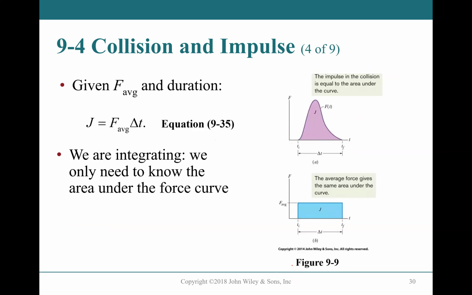Keep on going. And you can see here, the impulse in the collision is equal to the area under the curve. This is the initial contact, and this is the end of the contact between the two objects.